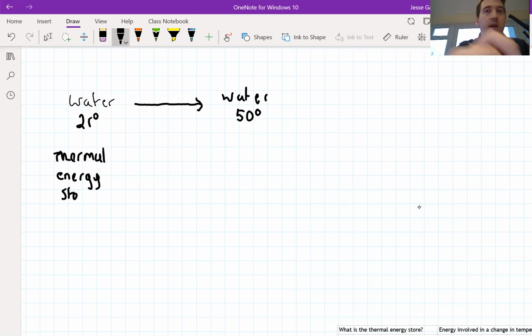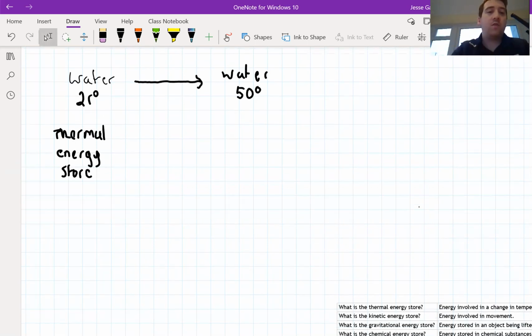The thermal energy store is where we have energy involved in changing temperature. So just like here, we have the water going from 21 degrees up to 50 degrees. We talk about energy in the thermal energy store of the water. And we can represent it by just drawing a box like this.